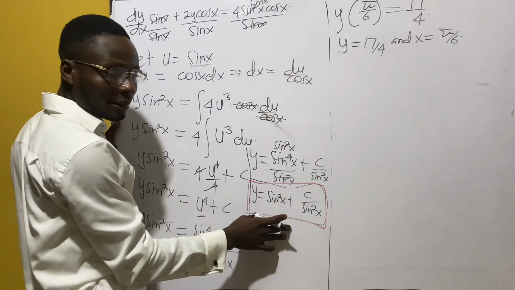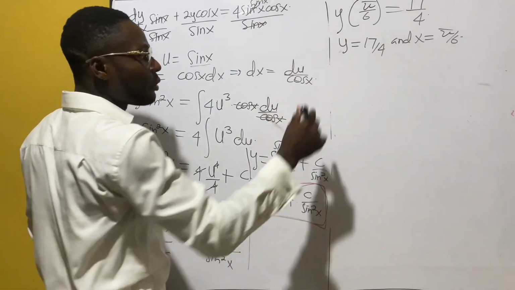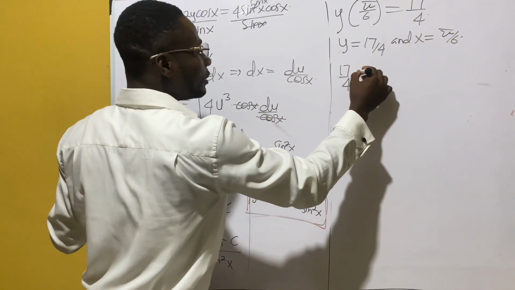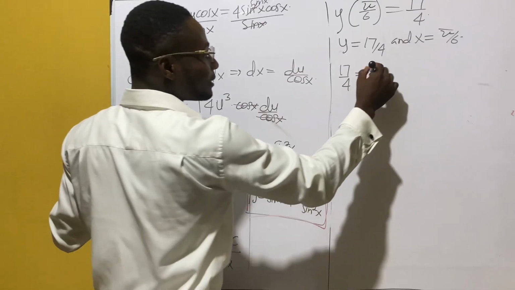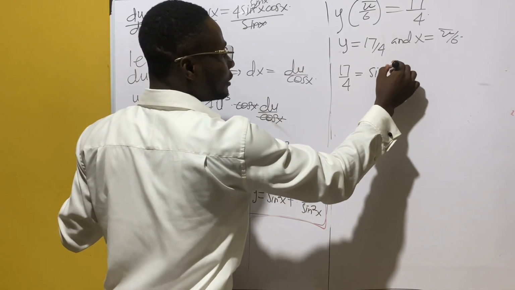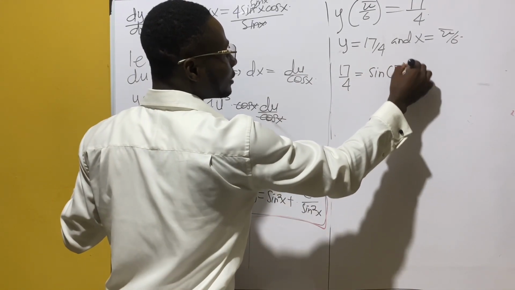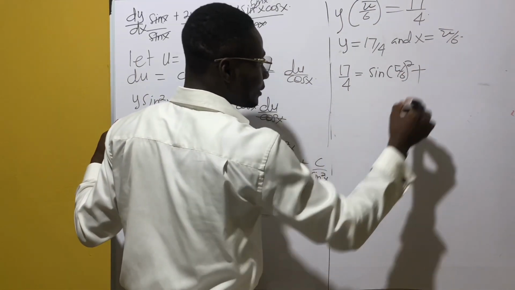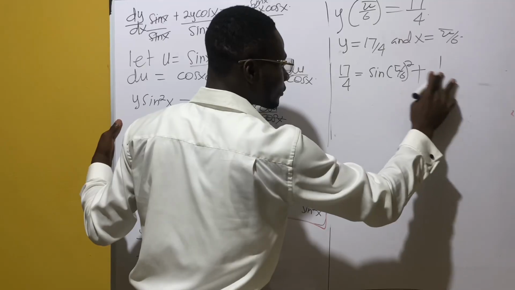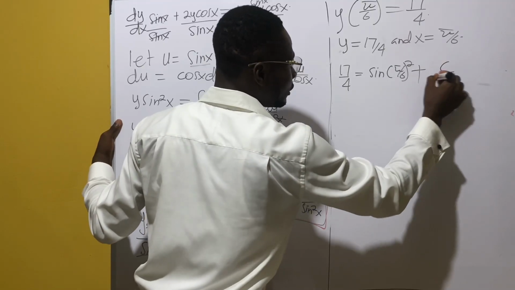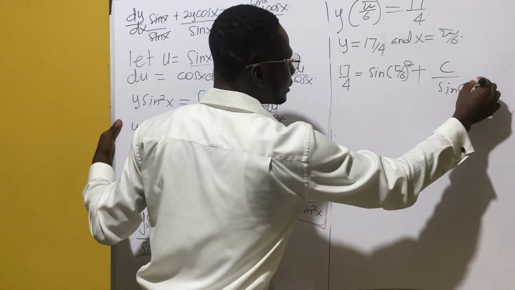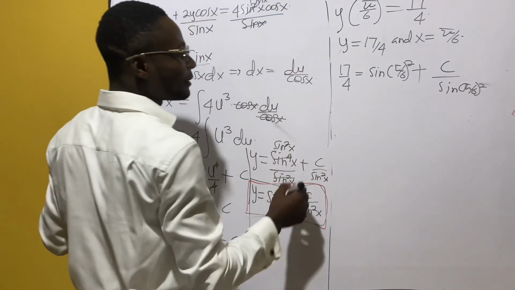So doing that substitution to find c, we have 17 over 4 is equal to sine of pi over 6, all squared, plus c over sine of pi over 6, all squared, right?